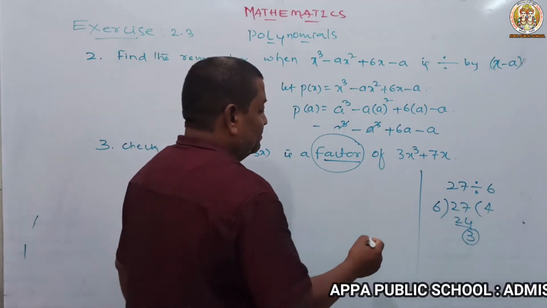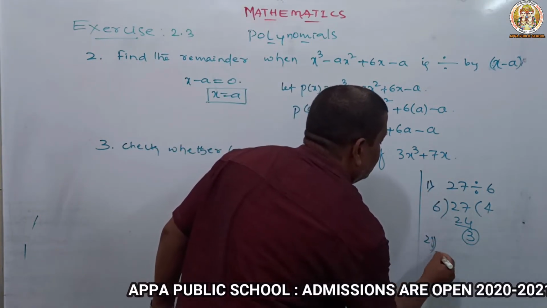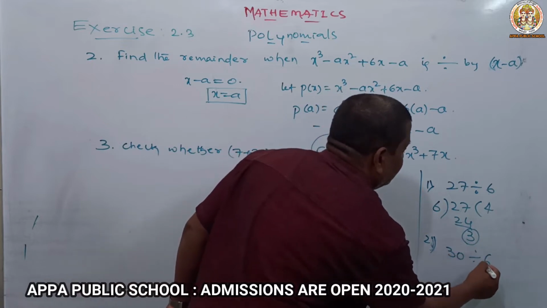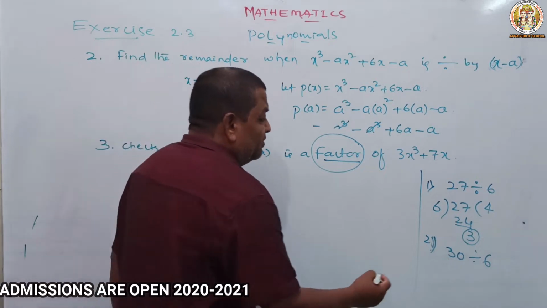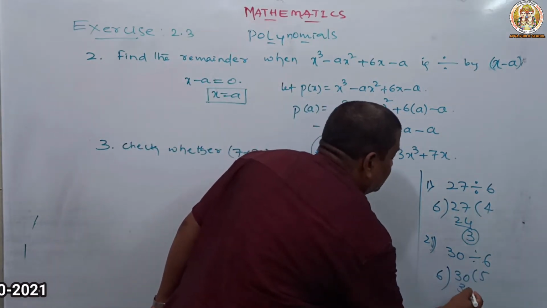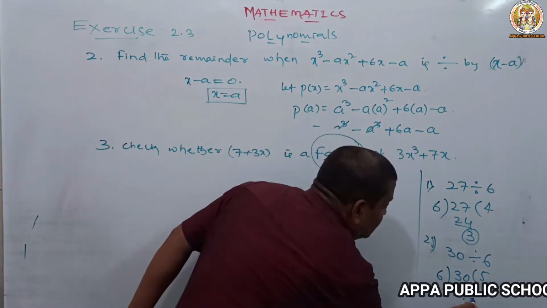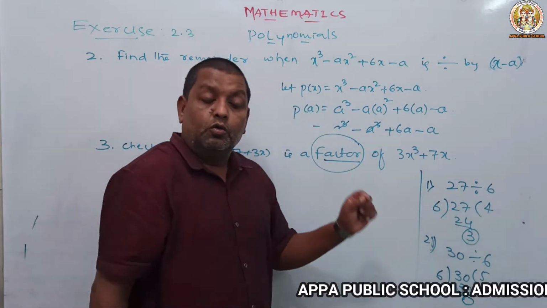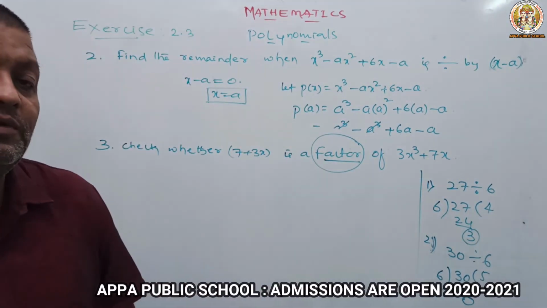Now see one more example. 30 divided by 6. Let me see what will come. 6 5s are 30. So here we got remainder 0. So once the division is taken completely, remainder 0 means what?